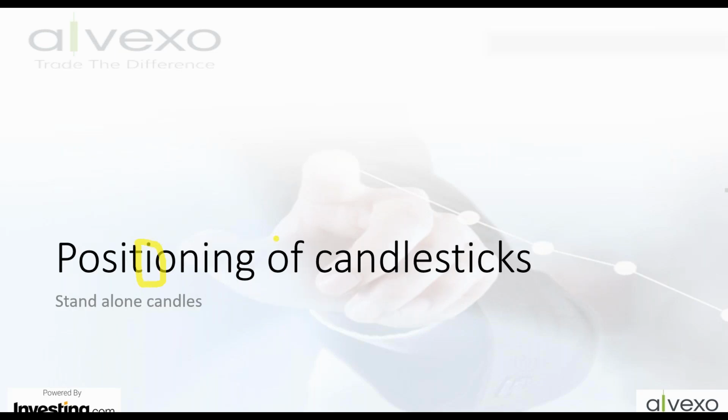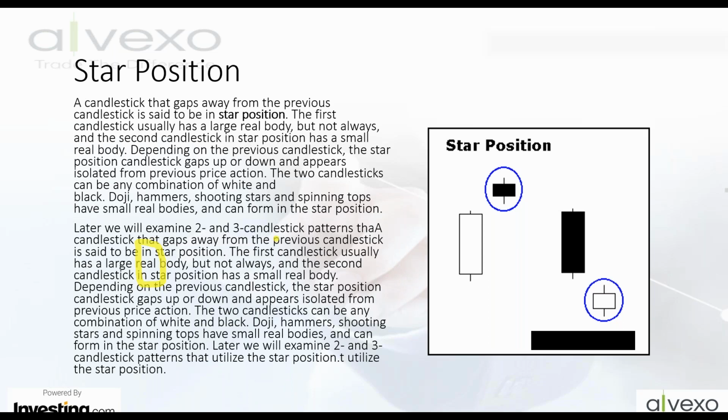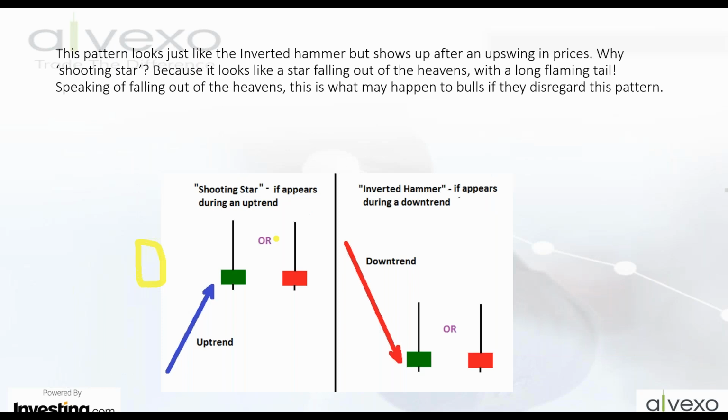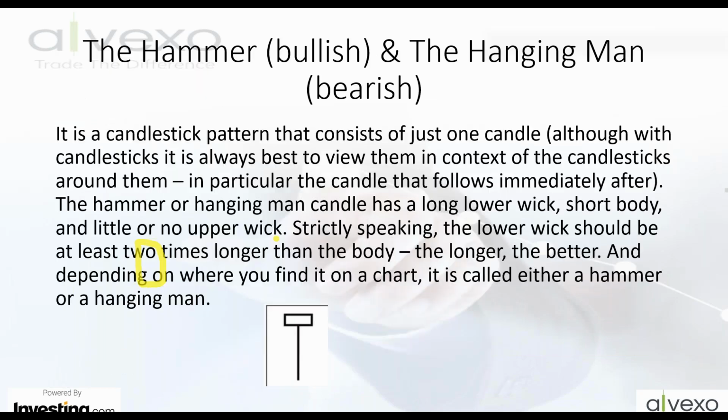So we have our standalone positions, like a star, which looks like the price broke above where it opened, and the new candle is sitting out there above or below. Especially in the Forex market, we can't have gaps, but they look like they gapped away. And then we have hammers and inverted hammers and shooting stars, and we have hanging men.